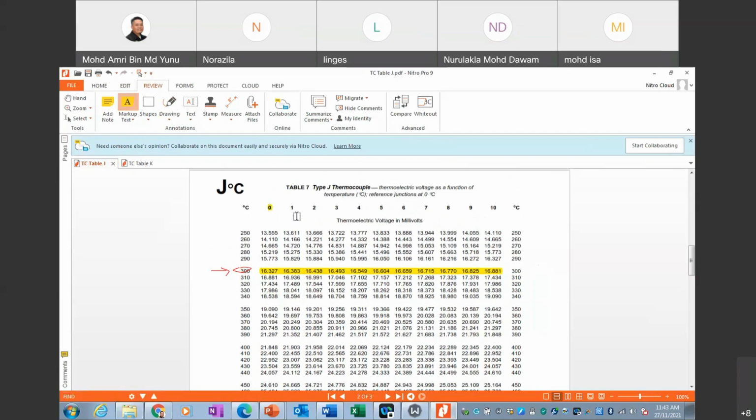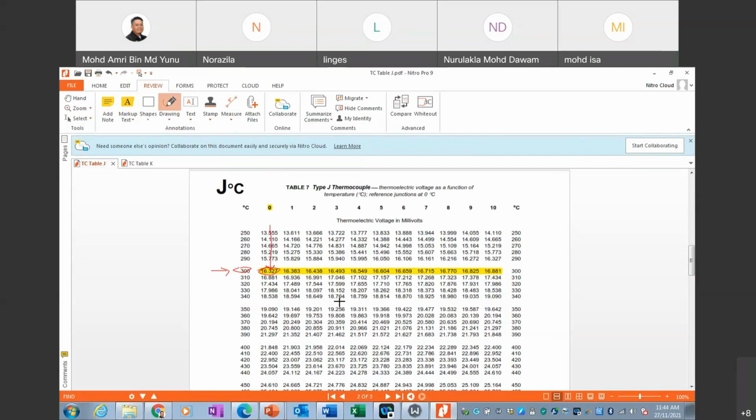So this is 0. So you go down here until this is the intersection. So that's the value, 16.38.